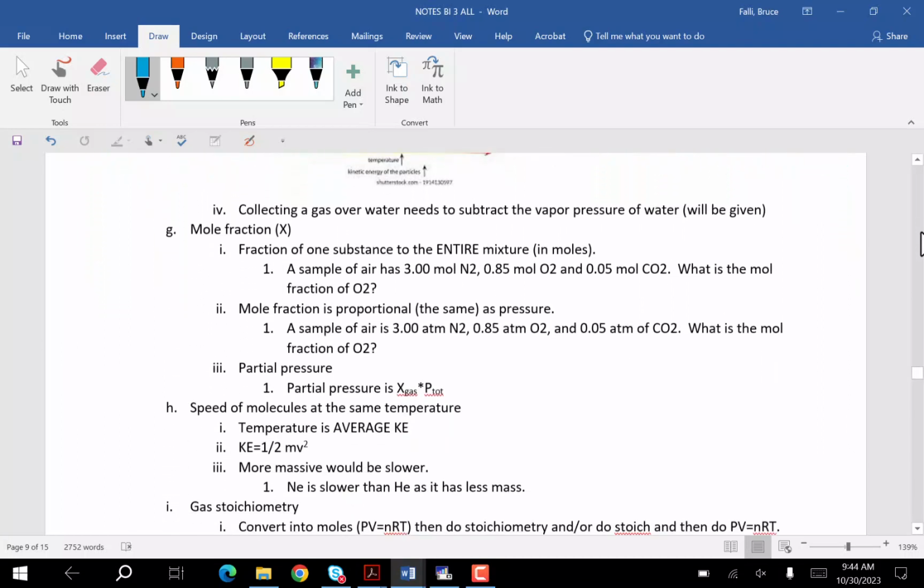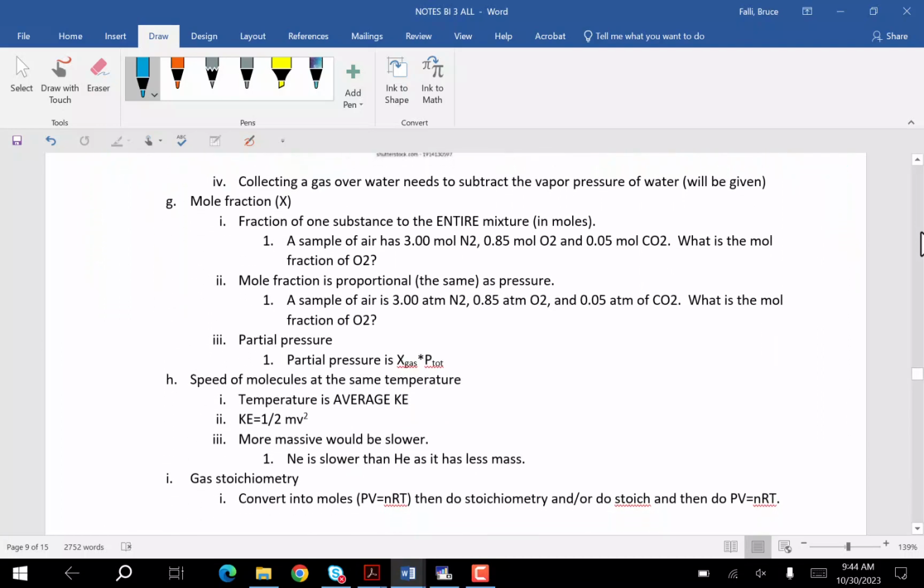All right, I want to talk about mole fractions. Mole fractions are the easiest thing on earth. The fraction of one substance to the entire mixture in moles. A sample of air has 3 moles of N2, 0.5 moles of O2, 0.05 moles of CO2. What is the mole fraction of O2?